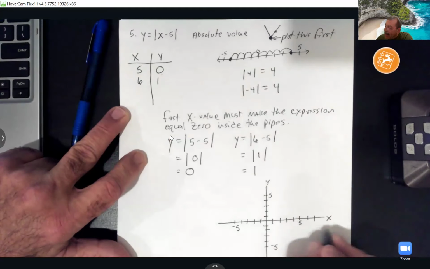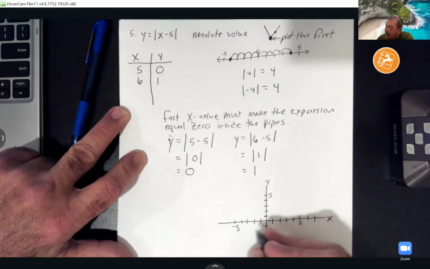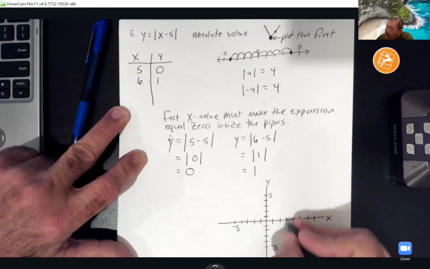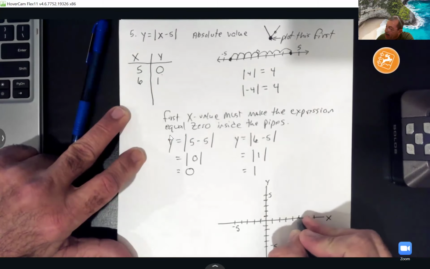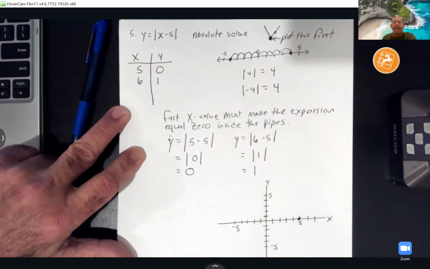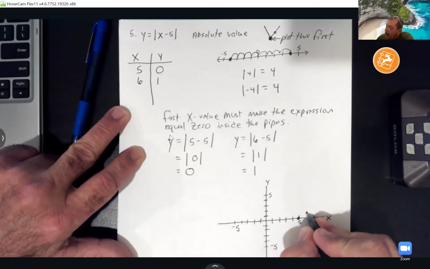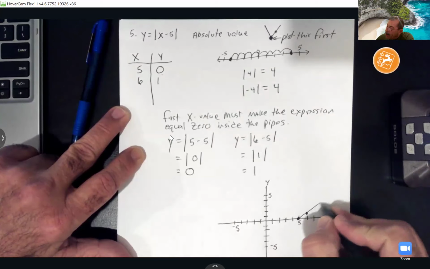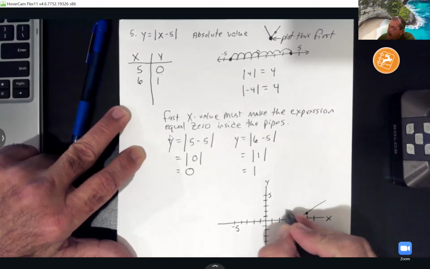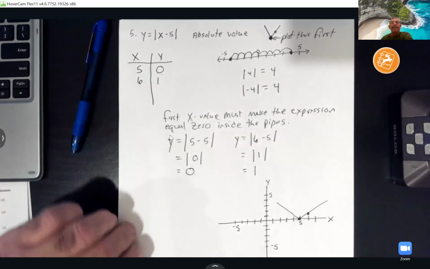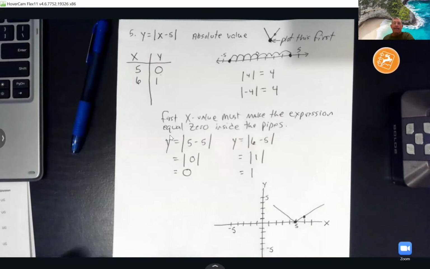Your first point has to be on the x-axis, okay? So go over here to 5, 0, and click that point. The second point I had was 6, 1, so go right 6, up 1. At that point, MathXL is going to come in here and finish drawing that V-shaped graph for you, okay?